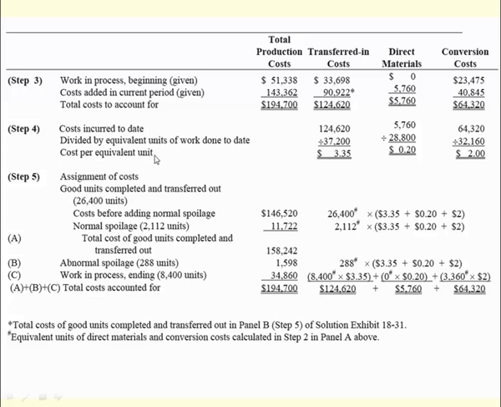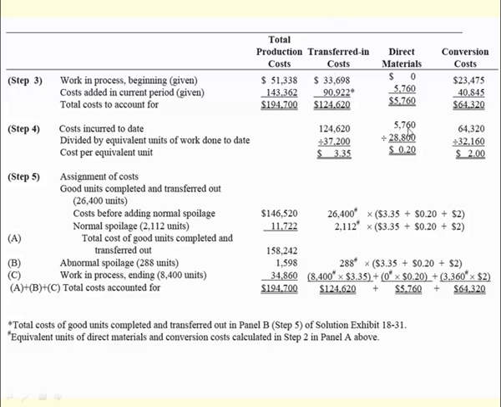Step 4. Calculation of cost per equivalent unit. We divide costs of transferred in cost, 124,620, divided by 37,200 units under transfer in, which equals $3.35 per equivalent unit for transfer in costs.